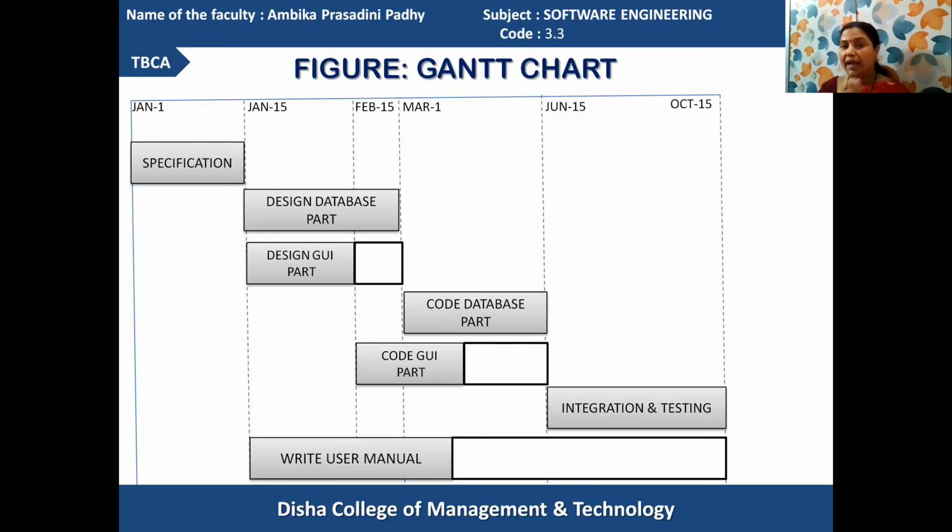So the 120 days, June 15 to October 15, it will utilize for integrating the subtasks and testing them, then performing the system testing activity. Got it? And when your jobs are being executed, the user manual writing, or the document writing operation, is performed along with that.